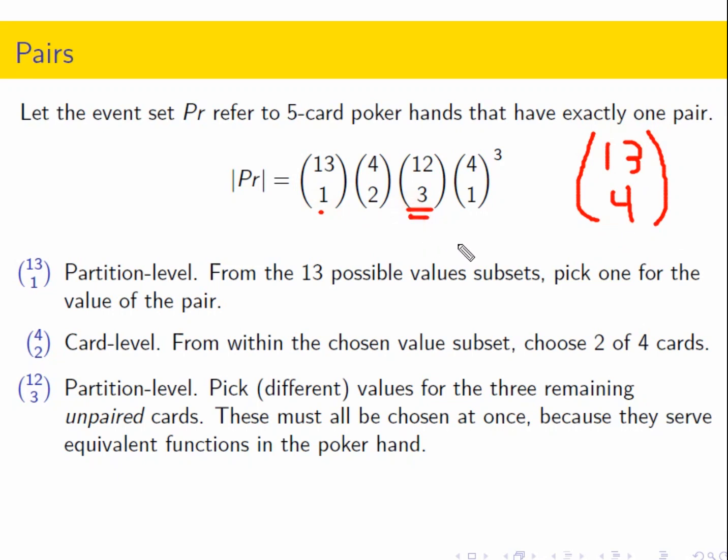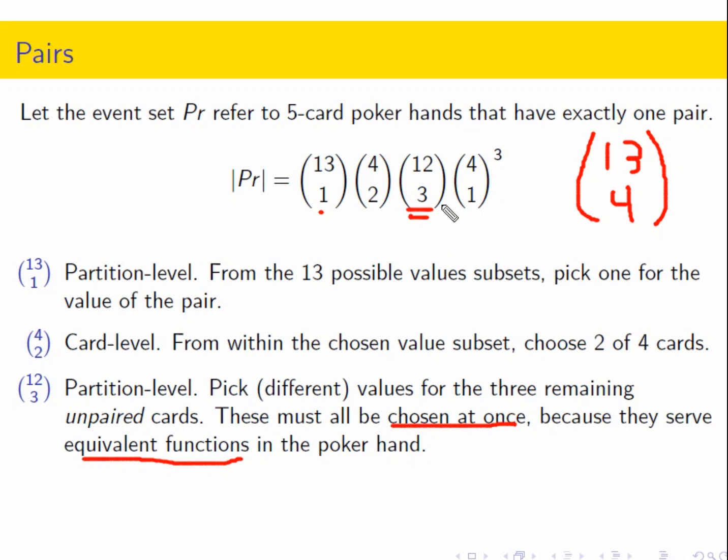Well, that's a nuance. That's a tricky thing about the partition level pick. When the cards are chosen at once, when I do 12 choose 3, they need to be serving equivalent functions. So these are just the singleton values sitting by themselves, so they can all be picked at once.